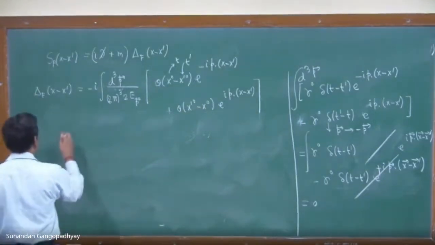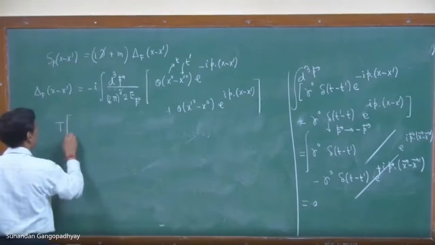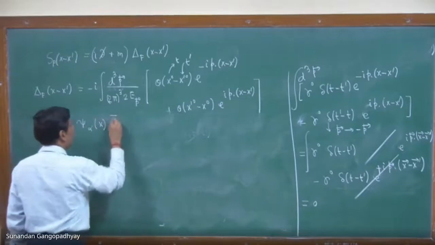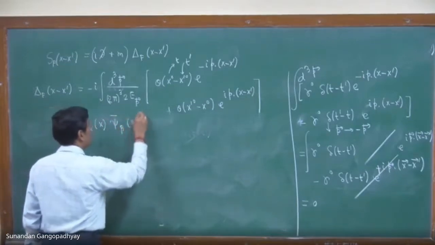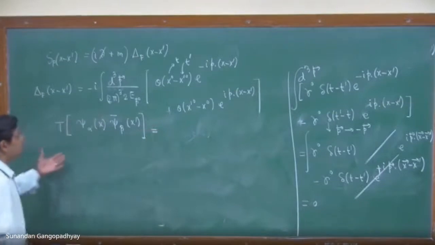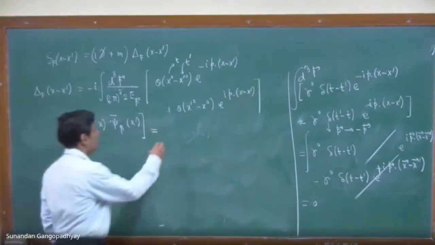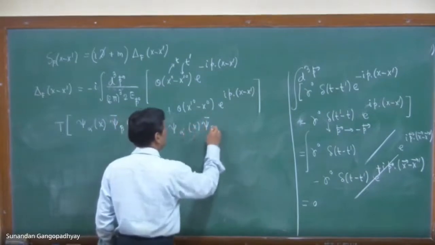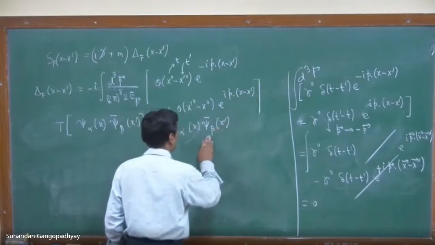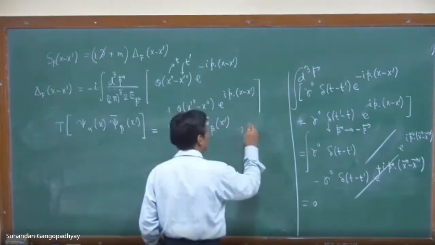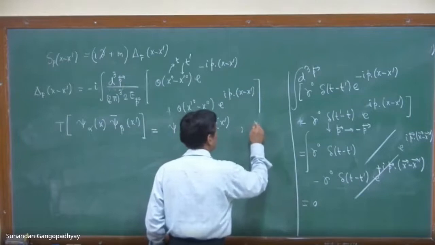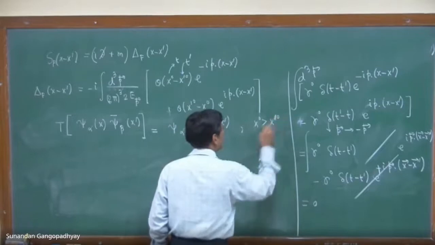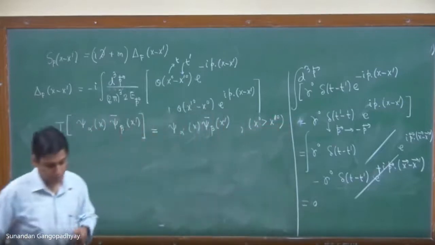So now what we shall do is define the time ordered product of two fermionic operators. This is equal to psi alpha of x psi bar beta of x prime, by definition. This is how we define the time ordering, for x0 greater than x prime 0, or t greater than t prime.